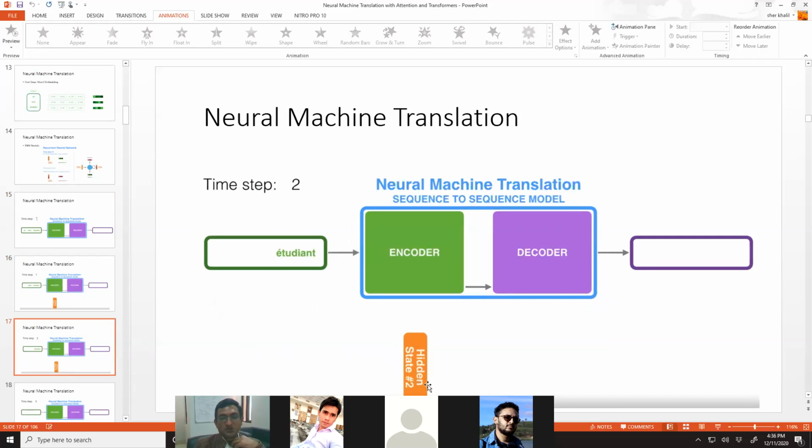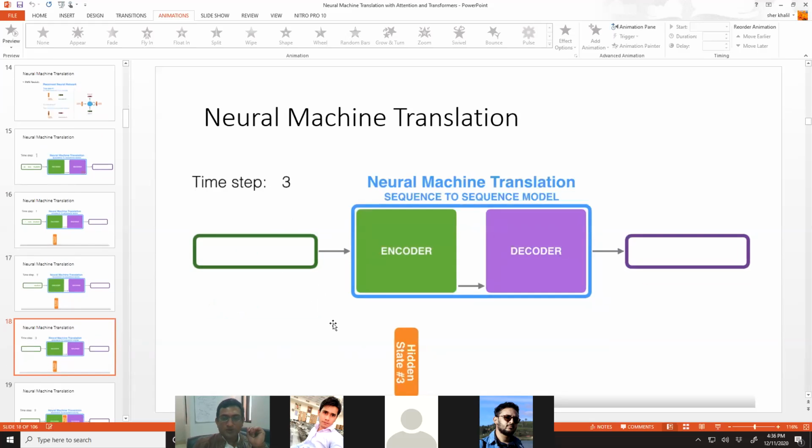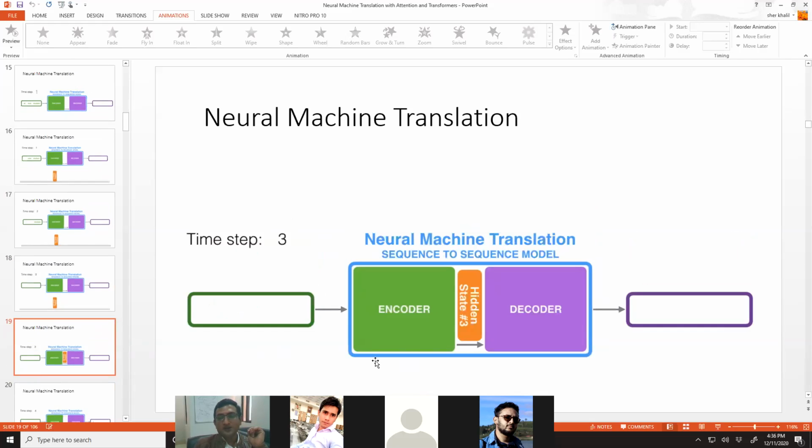At time step 3, you know that there are two inputs. One is the third word, and the other is the previous hidden state. By using these three, we reach hidden state 3. Now that hidden state 3 is your context vector.